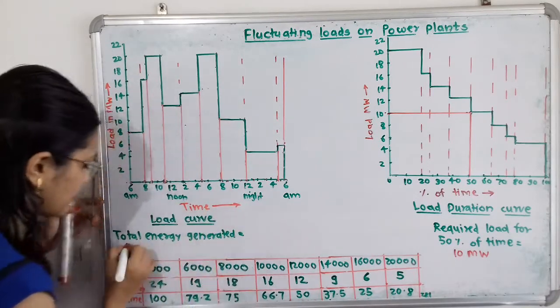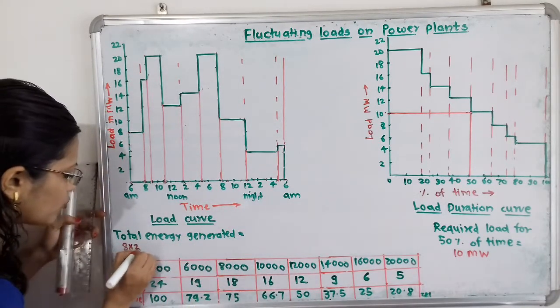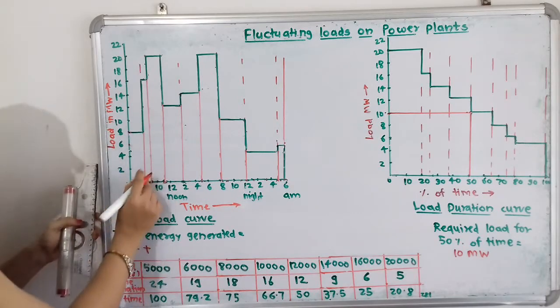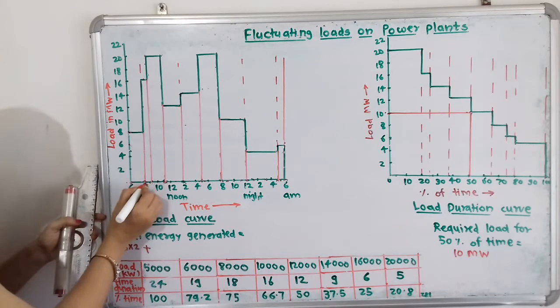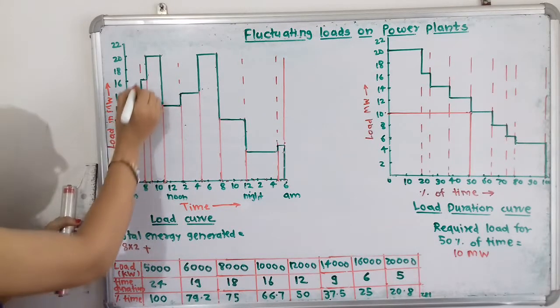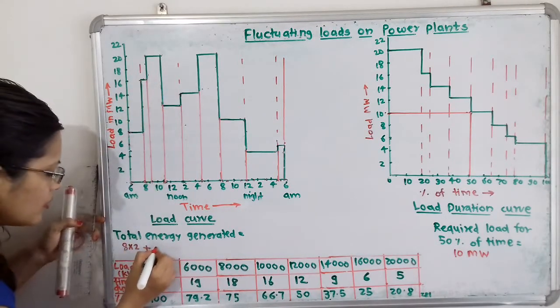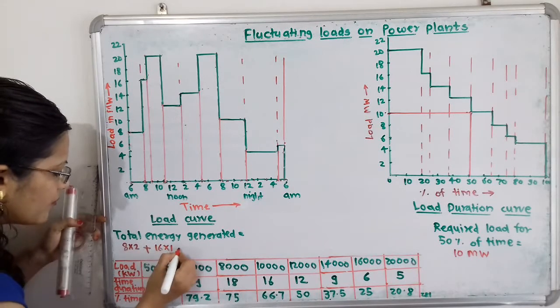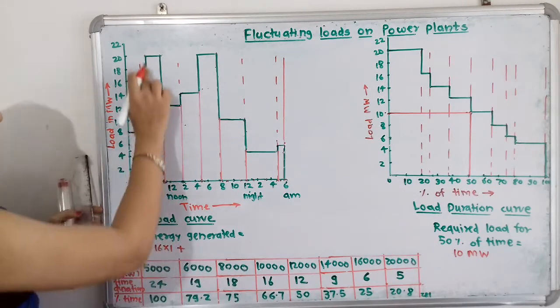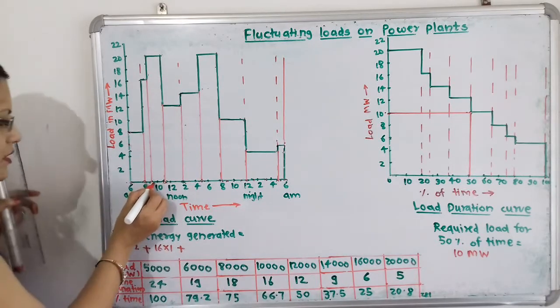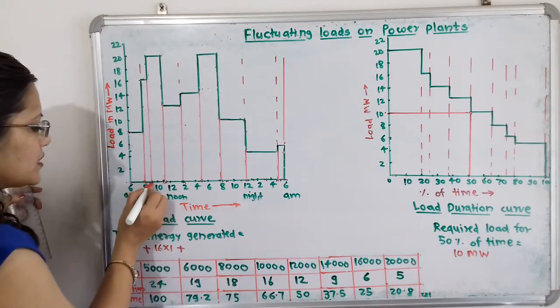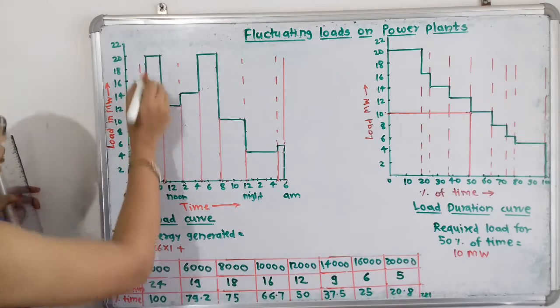So I will write here 8 multiplied by 2, plus we have to take the second area, that is 8 to 9, that is 1 hour duration, and the load is 16. So 16 multiplied by 1, plus now the third area, that is 9 to 11. Here total duration is 2 hours and load is 20.